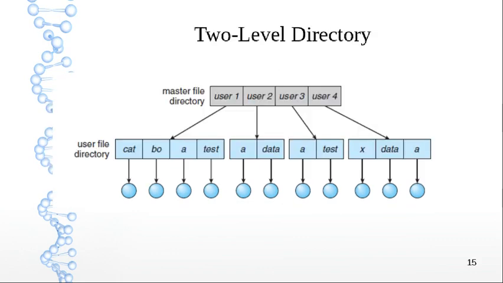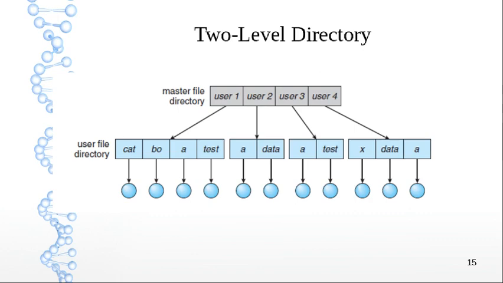Next, we have the two-level directory. So we're referring here to the two-level directory. As we have seen, a single-level directory often leads to confusion of file names among different users. The standard solution is to create a separate directory for each user.